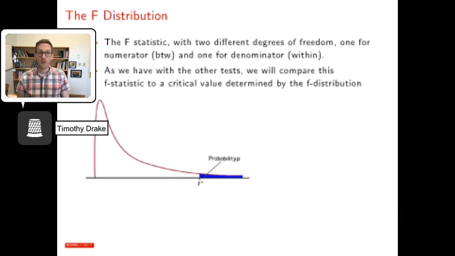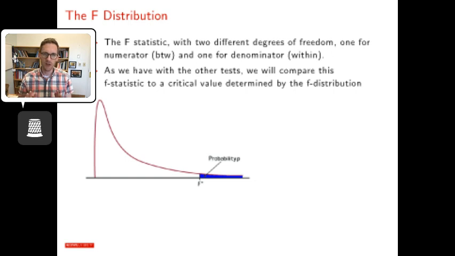Okay, so now we're on to part 3, where we need to find that critical value, and we need to have some confidence level that we're setting before we go into this. So for the F statistic, remember we have 2 different degrees of freedom, one for the numerator and one for the denominator. And so remember how to calculate those. One is the number of groups minus 1, and the other is the sample size minus the number of groups.